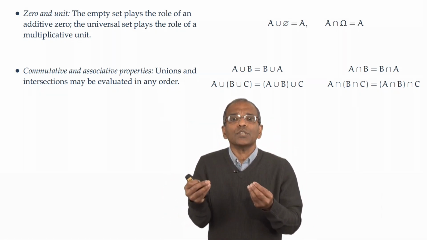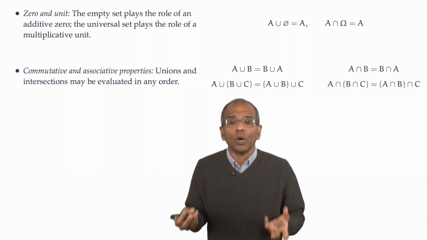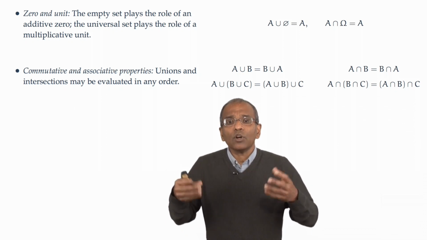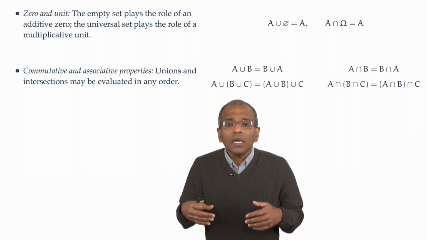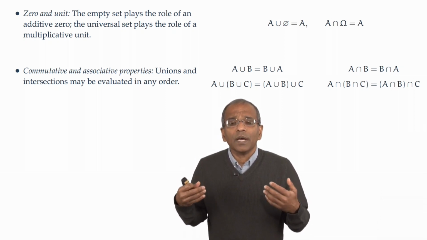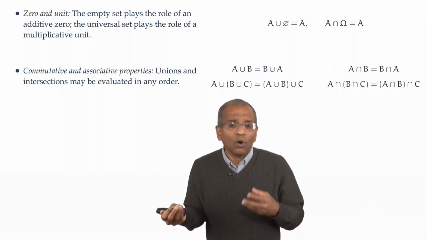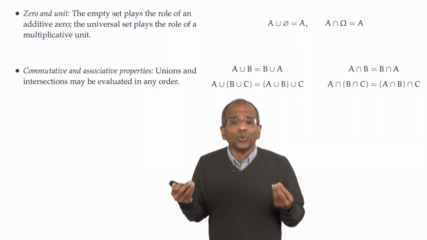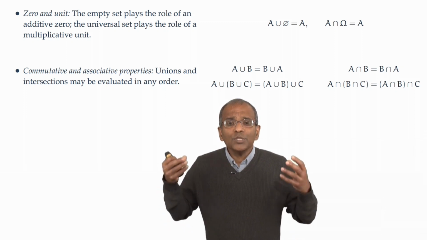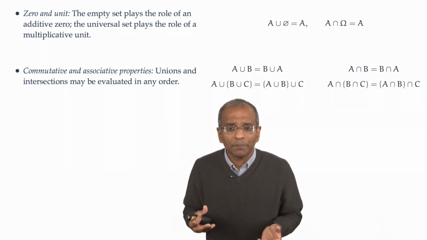It is a collection of elements little omega, which are in A or in B or in both. But if they are in A or in B or in both, they belong to the ensemble. It does not matter which order I specify A and B, does it? In any case, omega is going to be in A or in B or in both, and therefore A union B is the same as B union A.